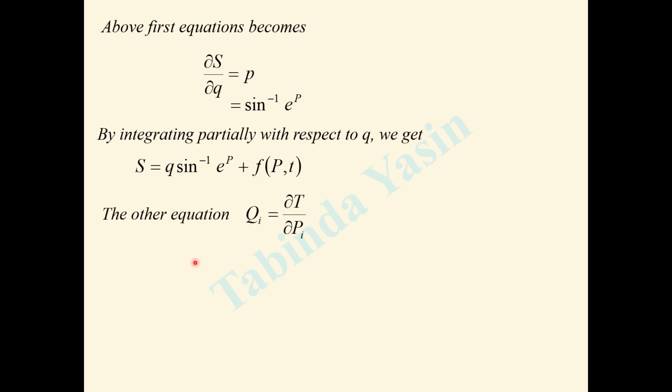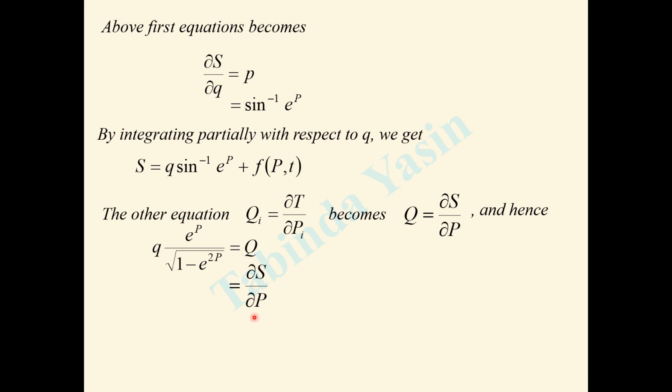The other equation, capital Qi is equal to partial S over partial capital Pi, becomes capital Q is equal to partial S over partial P, and hence small q is equal to exponential p over the square root of 1 minus exponential 2p, and that is equal to partial S over partial capital P. That gives small q times exponential p over the square root of 1 minus exponential 2p plus partial over partial p of the function f of (p, t).